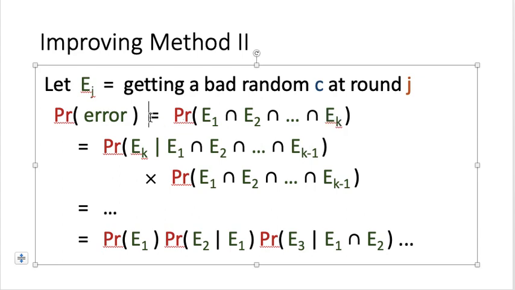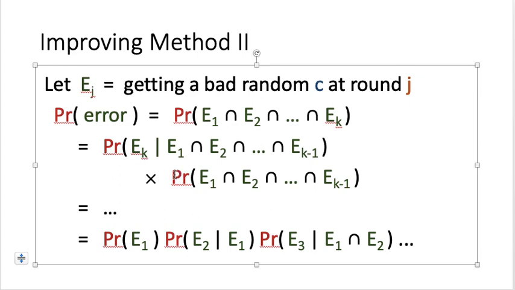Okay, so let's see how this term can be simplified. By using conditional probability, this will be equal to the probability of Ek given E1, E2, E3 intersected together, multiplied by the probability of E1, E2, E3 up to E(k-1). Is that okay? These two multiplied together should give this term.